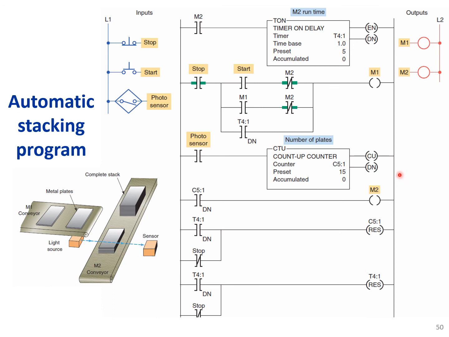The downbeat is used to start M2, and while M2 is on, the timer starts to time for 5 seconds. Once the timer is done, the counter will be reset to 0, and the M2 motor will stop. M2 will be stopped and M1 starts again.